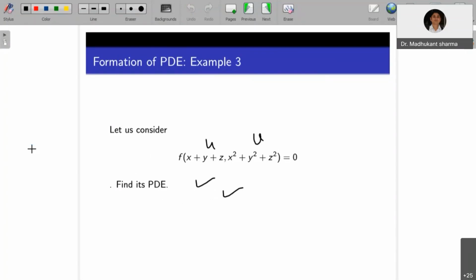Example two we have solved. Example three. How should we approach it?